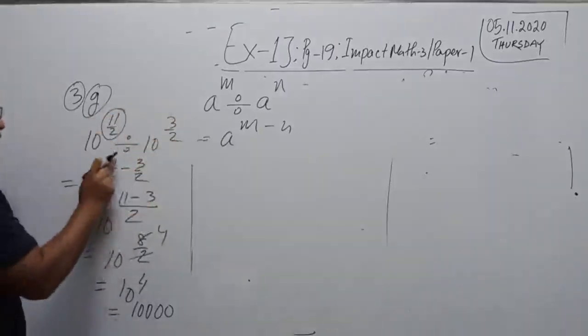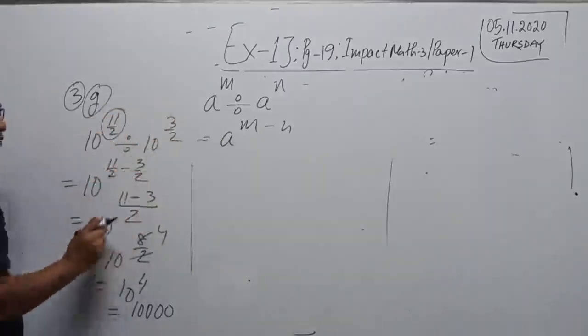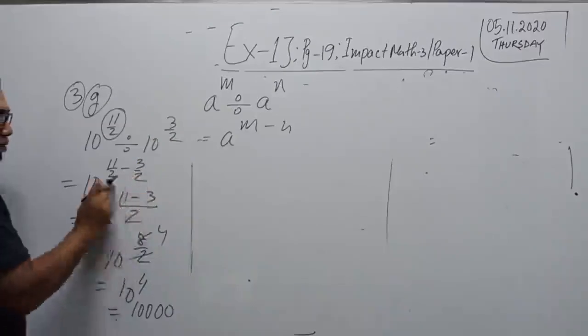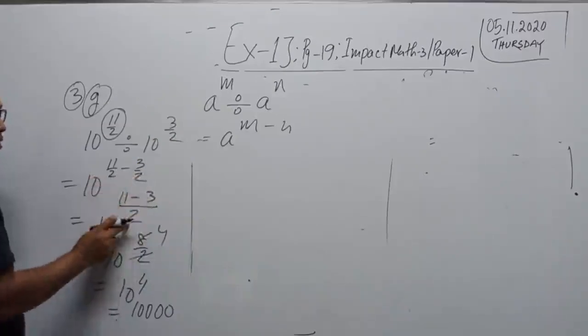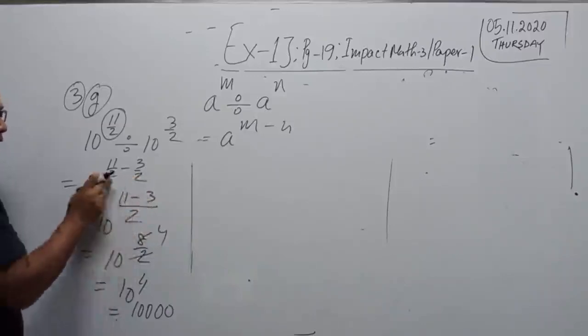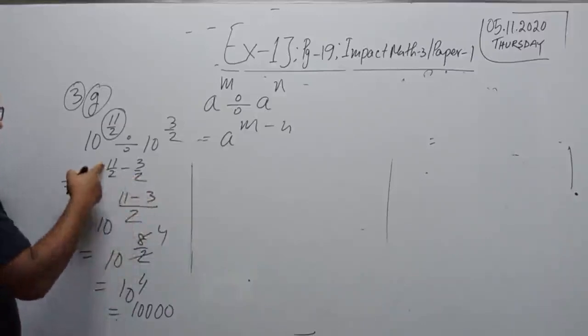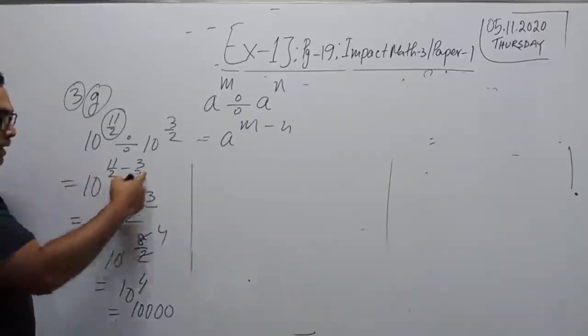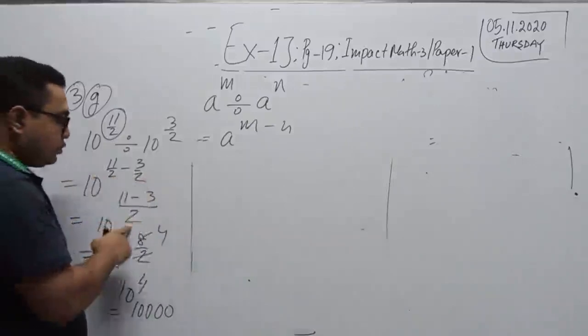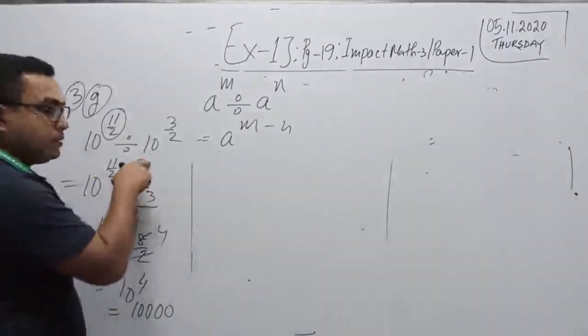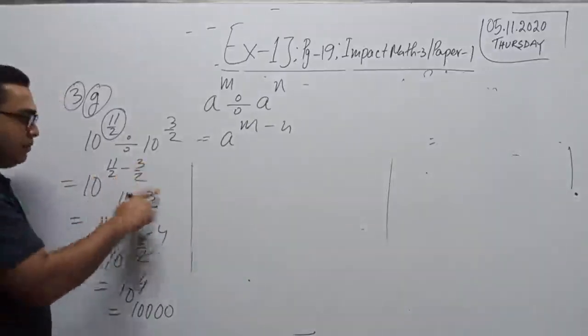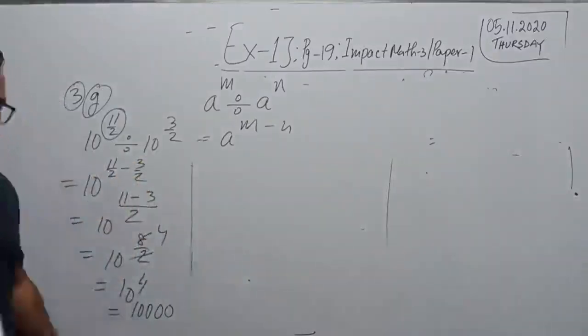So they are subtracted. 11 by 2 minus 3 by 2. 2 and 2, LCM is 2. 2 goes to 2 one time. If we divide that 2 by this 2, we will get 1. That 1 will be multiplied here with the 11. And then 2 goes to 2, 1, that 1 will be multiplied with 3. Then 11 minus 3, 8 by 2.